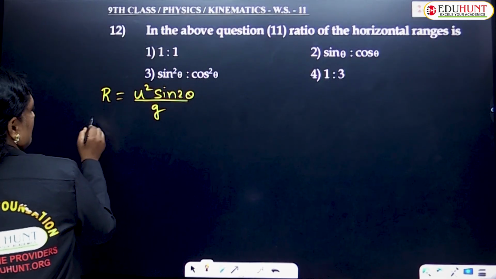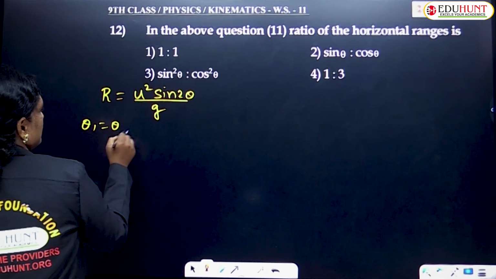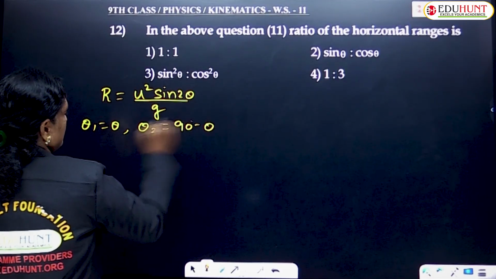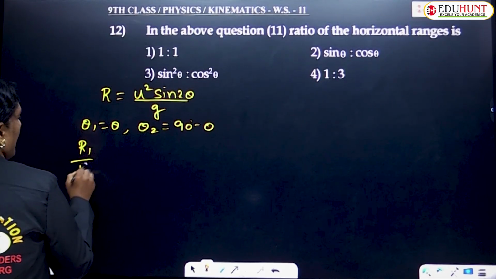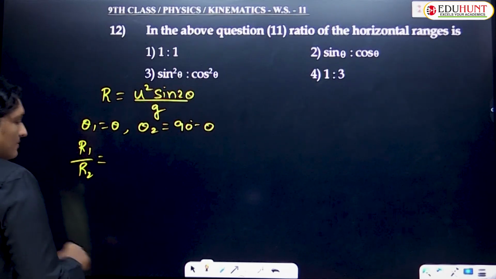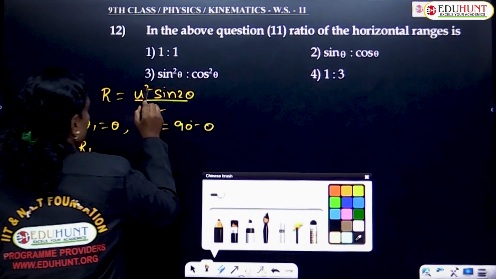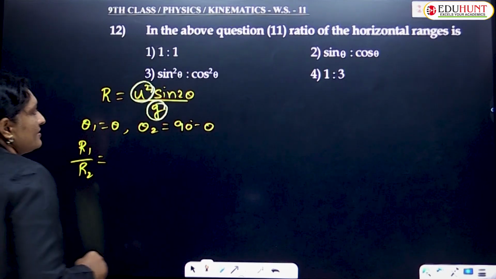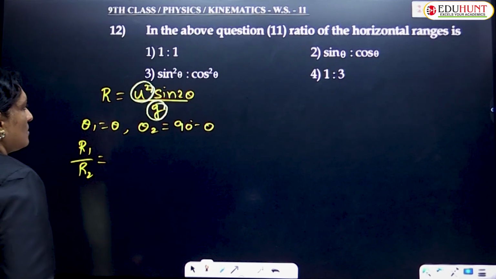Theta 1 is taken as theta, theta 2 is taken as 90 minus theta. Hence R1 by R2 you are asked to find out. Clearly, we know that the speed is the same and the value of g is the same. U square is the same and g is also the same.